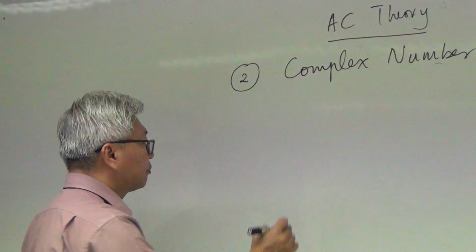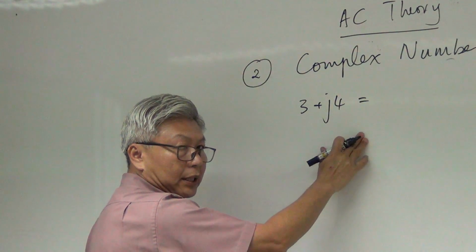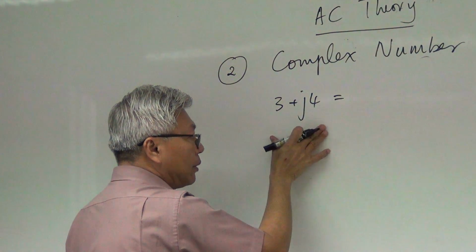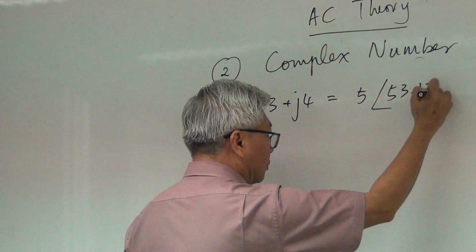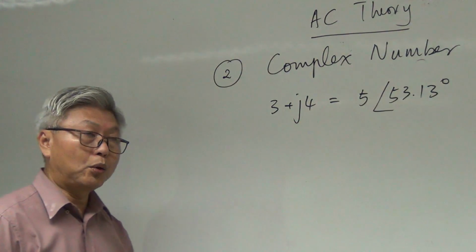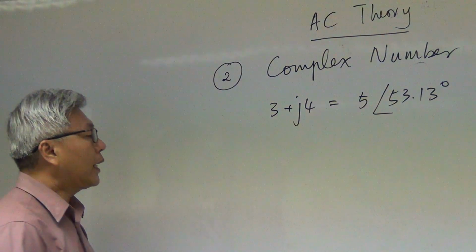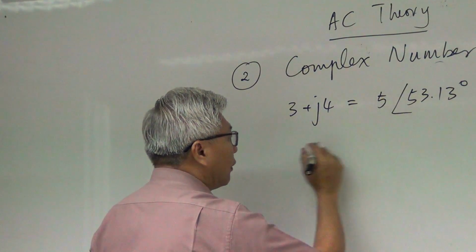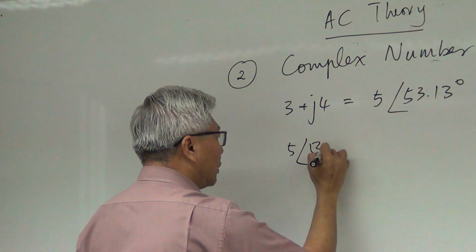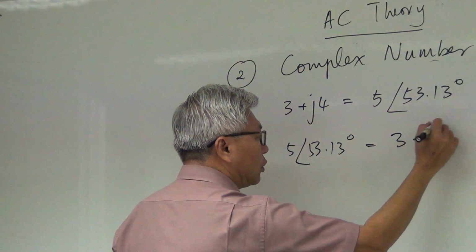Okay, let's try. 3 plus j4, if you were to use your calculator, this is called rectangular form, can be made into a polar form, and that will be 5 at 53.13 degrees. I know this because I know my numbers, okay? You can use your calculator and try. Likewise, 5 at 53.13, if I were to use my calculator to convert to rectangular number, it will give me 3 plus j4.